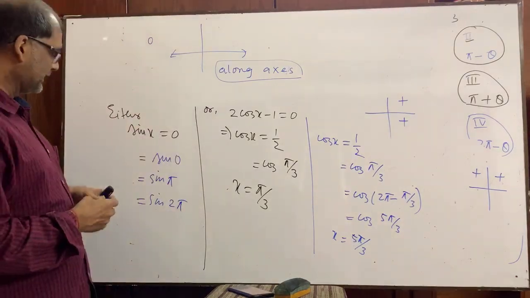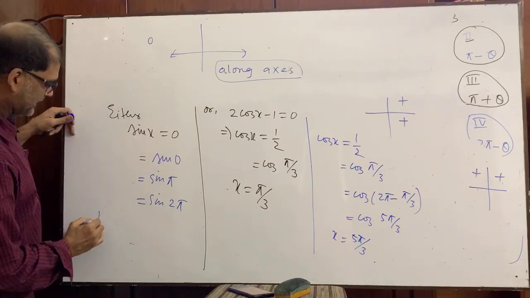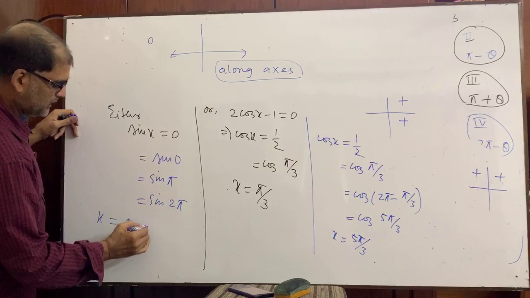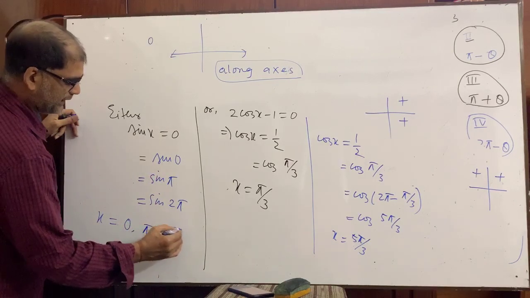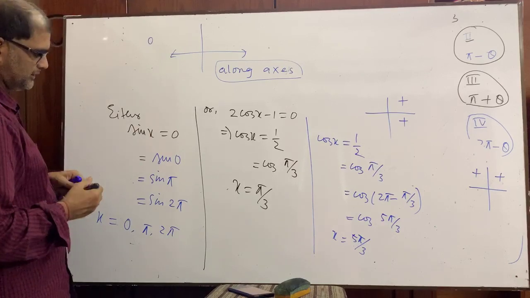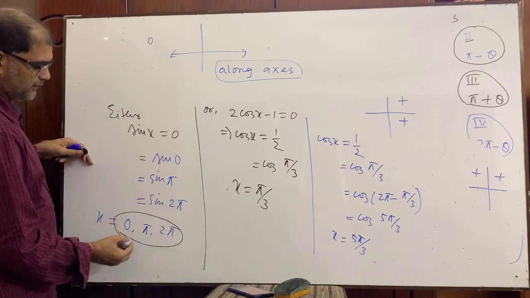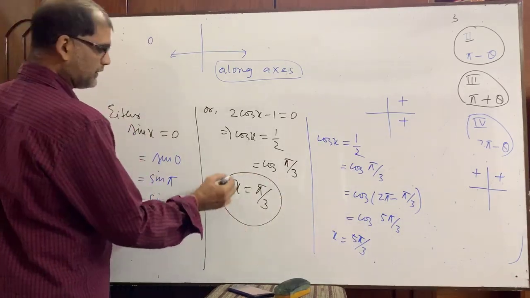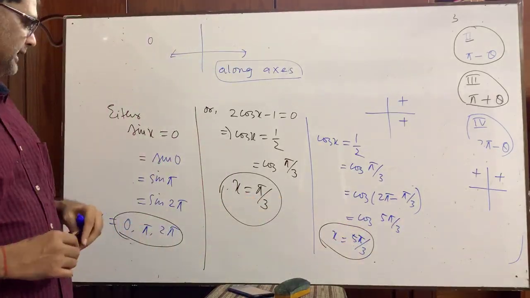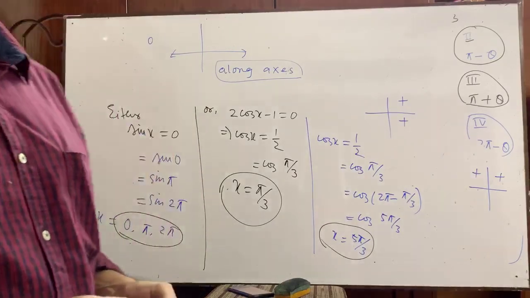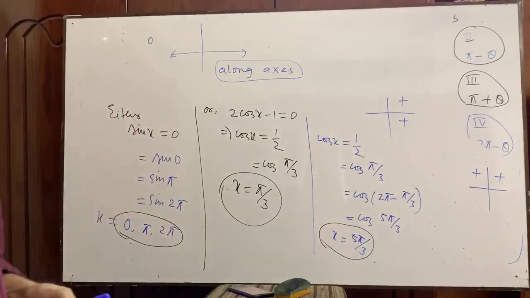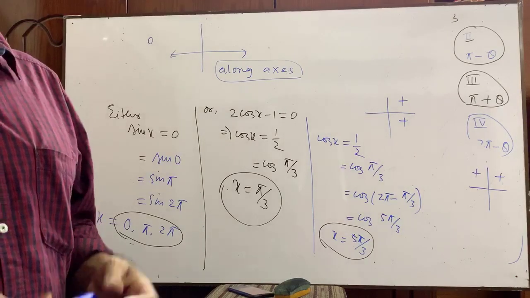So here we are getting x equals 0, pi and 2 pi. So our answer is all those three, this and this, all five values are our answer.